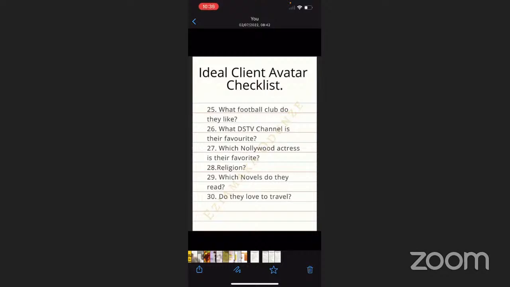She follows some Nollywood actresses like Shoba Wale, like Joke Silva, and she's a Christian and she reads novels. She reads Christian novels and also she travels when they have money. She loves to travel actually. That's my idea. Very good. So niche down for us.